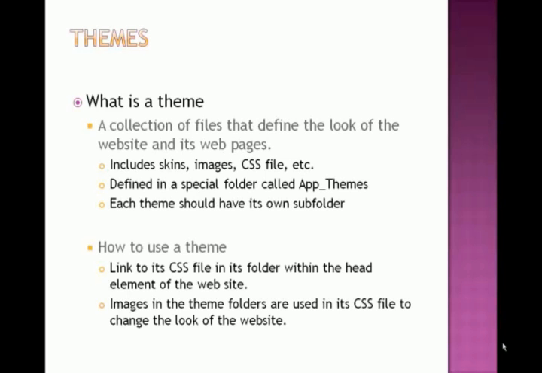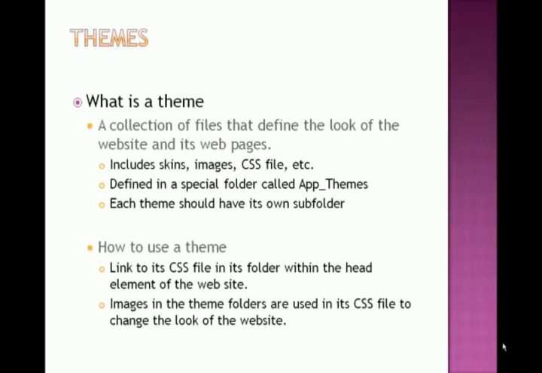So once we create that subfolder and put the CSS files and related formatting files of that particular theme into its theme subfolder in the app_themes folder, we link each of the CSS files within the theme folder to our page's head element or head section when the theme is active.